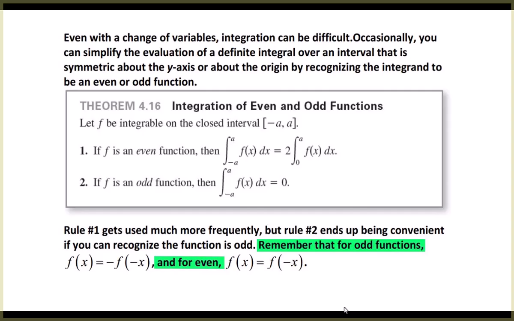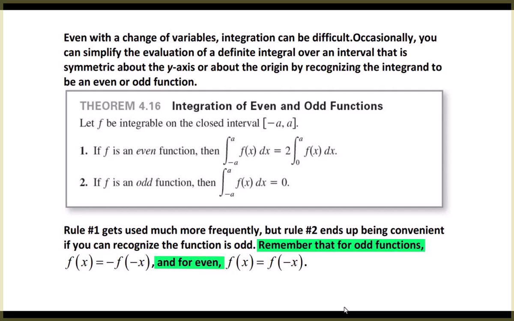So look what this theorem's saying. If you've got an even function and you're going from negative a to positive a, then really all you had to do was just go from 0 to a and multiply that by 2, because 0 to a would give you half the area. As long as you've got an even function.